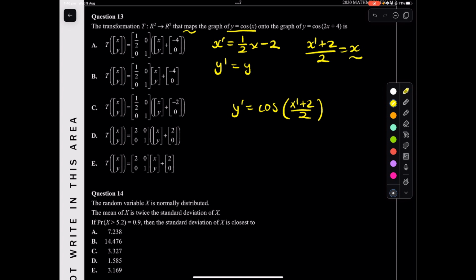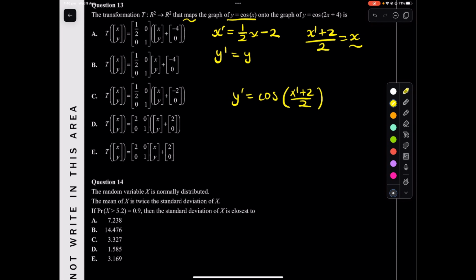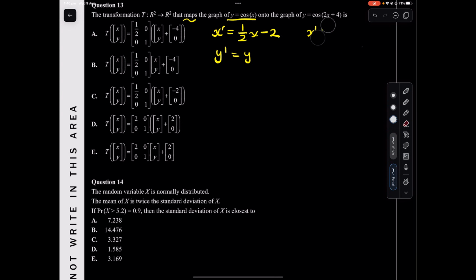Okay, no. What have I done? I've done this wrong. So, x dash plus 2, we're not dividing by 2, we multiply all by 2 to get your x.